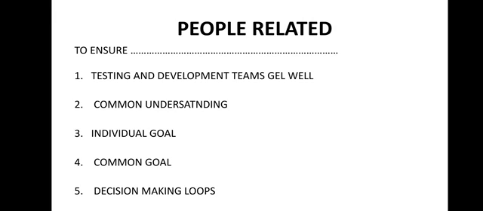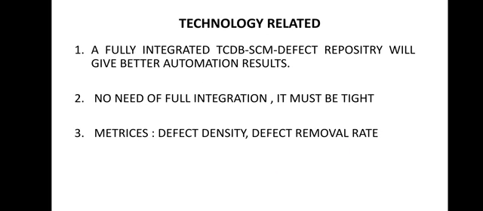Now the next is technology related. In terms of technology, we can talk about the test case database, known as TCDB, and software configuration management, known as SCM. You can also consider change control, version control. You can also consider the defect repository database.